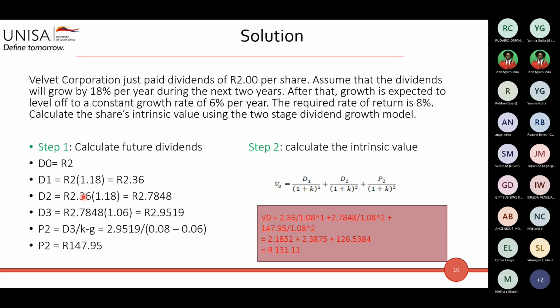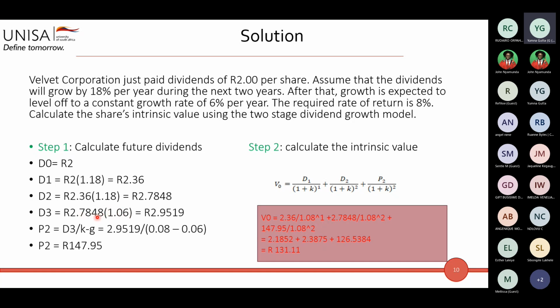Okay. So you take your answer of D1, you put it down here by D2, you multiply by 1.18 to get 2.7848, 2 Rand 78.48. The reason why we're calculating D3 is so we can calculate the price using D3.